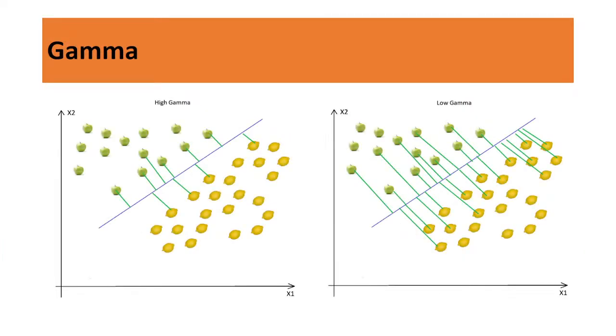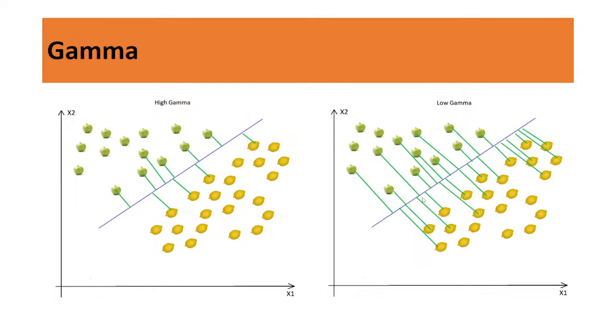So now we talk about gamma. Gamma has two types, high gamma and low gamma. This is our baseline. And suppose this type of classification pixel value. When we get a low distance, it means it's a high gamma.